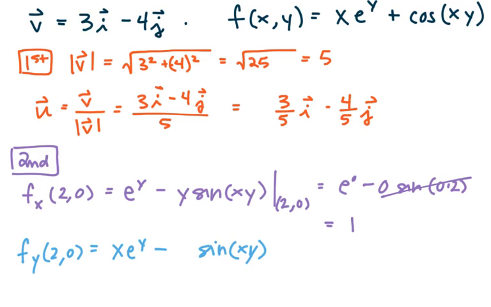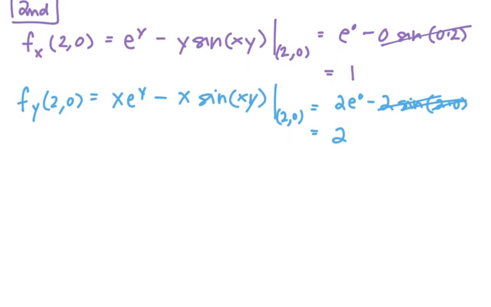So x is a coefficient, I end up with an x here in front. So now we need to evaluate that at the ordered pair, which is 2 times e to the 0 minus 2 times the sine of 2 times 0. Sine of 0 is 0, so 2 times 0, all of that goes away, and we end up with 2 times e to the 0, or 2 times 1, which is 2.